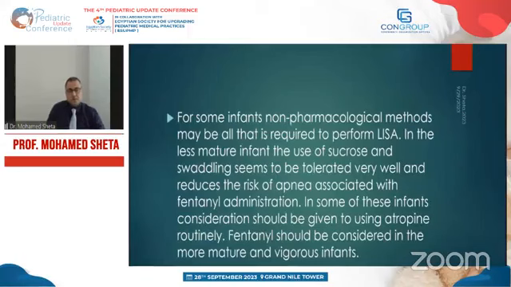For some infants, non-pharmacological methods may be all that is required to perform LISA. In the less mature infants, the use of sucrose and swaddling seems to be tolerated very well and reduces the risk of apnea associated with fentanyl administration.